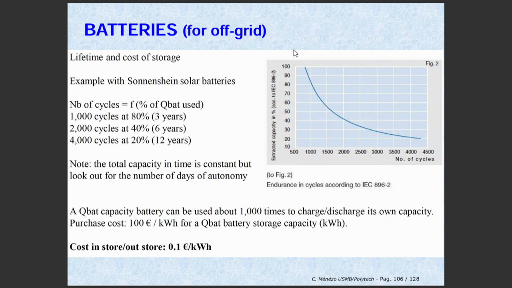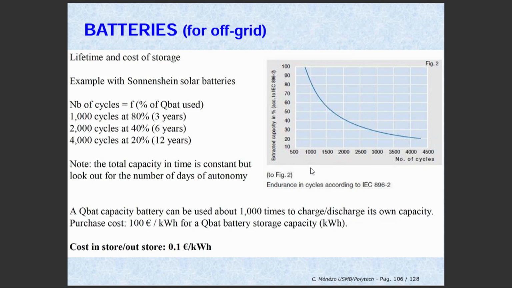If you are using 100% of the battery, so the depth of discharge is 100%, you see that you are limiting a lot your number of cycles. So when you have to design it for the PV central, you have to make the choice. And of course, it has a huge economical impact.